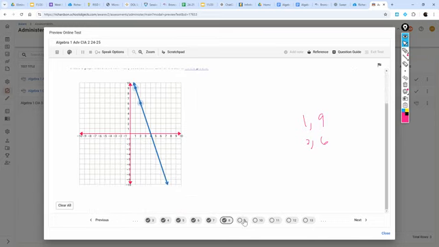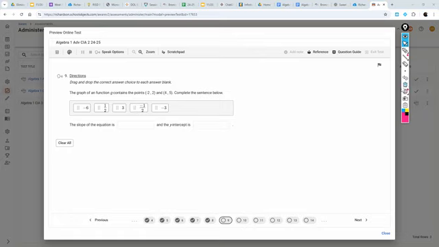All right. Number 9. So the graph of a function g contains the points negative 2, 2 and 4, 5. Complete the statement. So we need a slope and the y-intercept. I'm going to put this in point slope formula after I find the slope. So we have my tiny table, x and y.